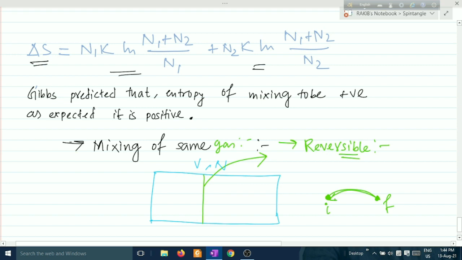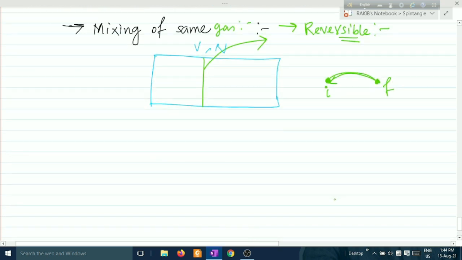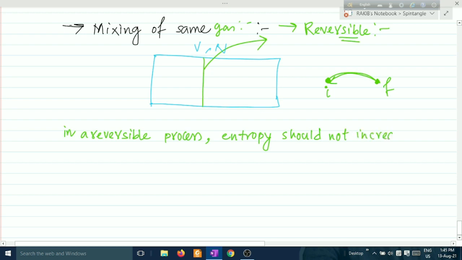Okay, so in a reversible process the entropy should not increase, because the system is in the initial position, then goes anyhow to the final position, and then again comes into its initial position.